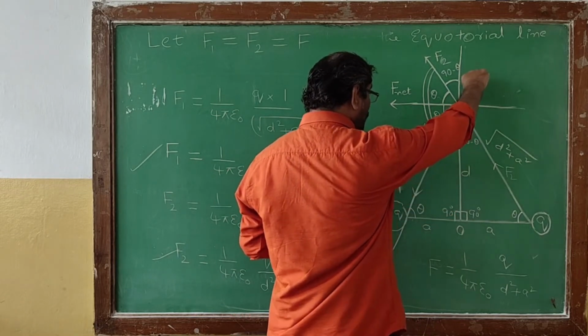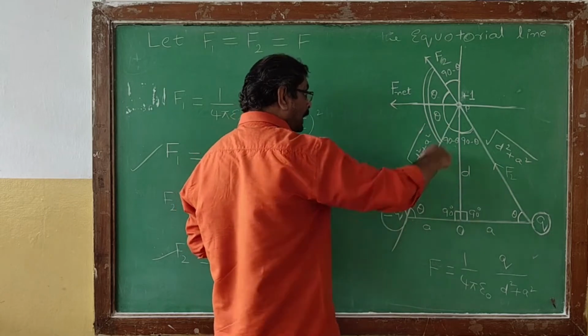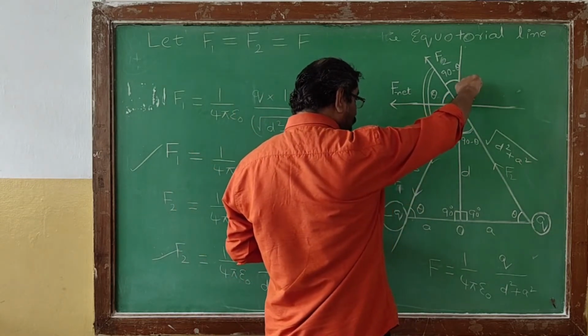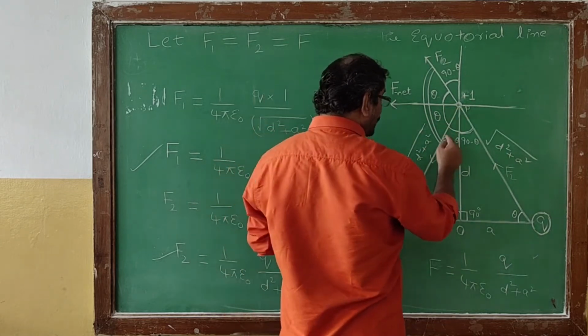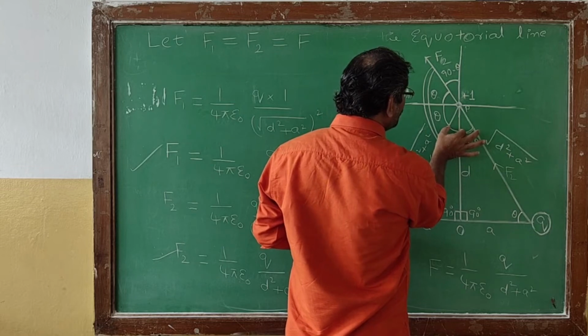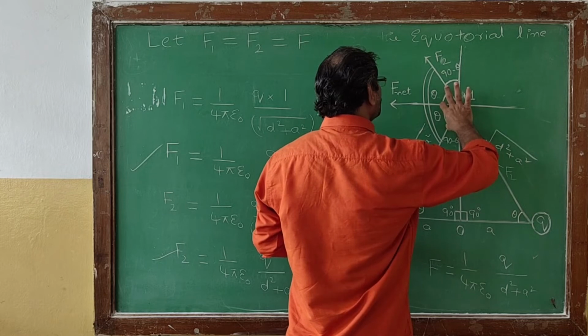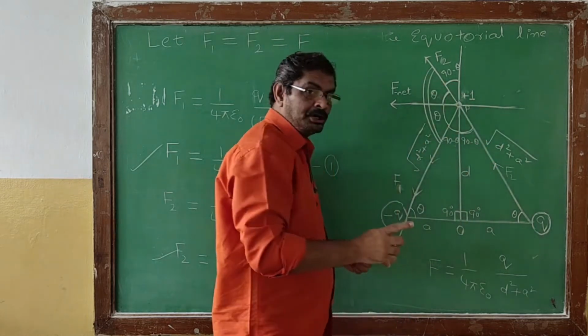Now F1 will be lying in the third quadrant. So already this angle will be 90 minus theta, so the remaining angle will also be theta.